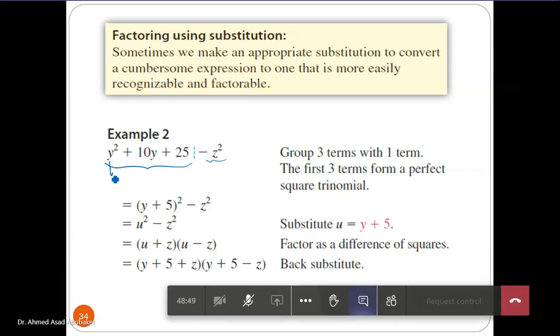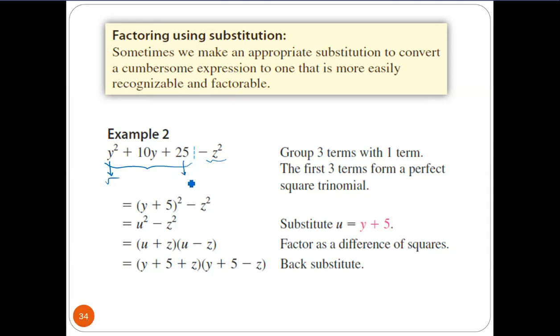Look at this. If we take the radical here and the radical here, we have y and 5. Y and 5, multiplied by 2, so we have 10y. This is in the second term. So this is a perfect square.